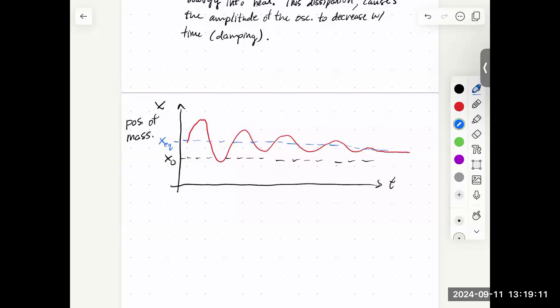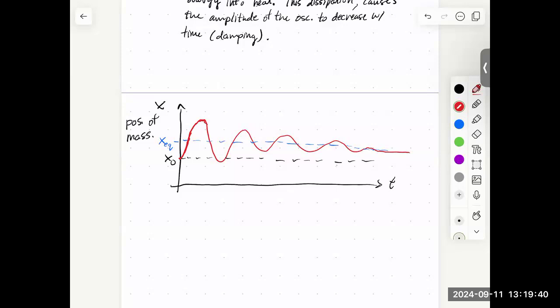And so what I was saying about transient analysis is we start from one equilibrium where maybe the mass is being held at the unstretched length, and then we release it and it evolves to some new equilibrium. So at t equals 0, it would start at x equals 0, and then it would go through this oscillation.